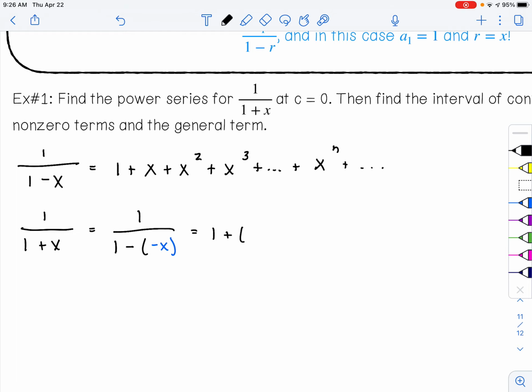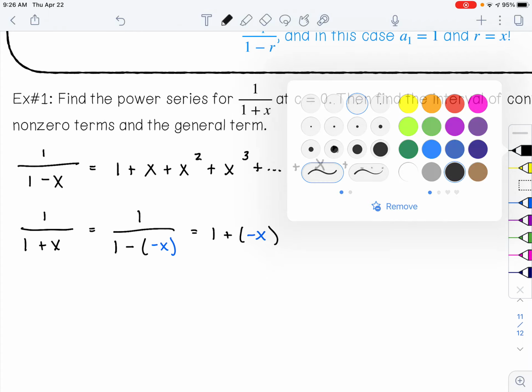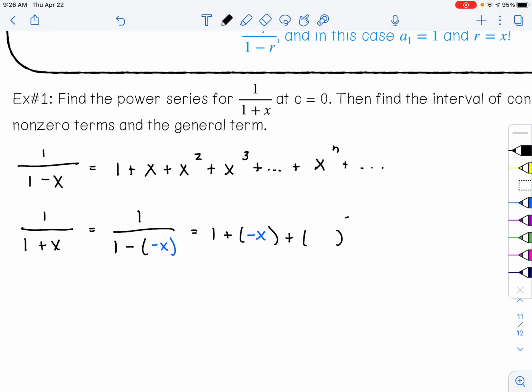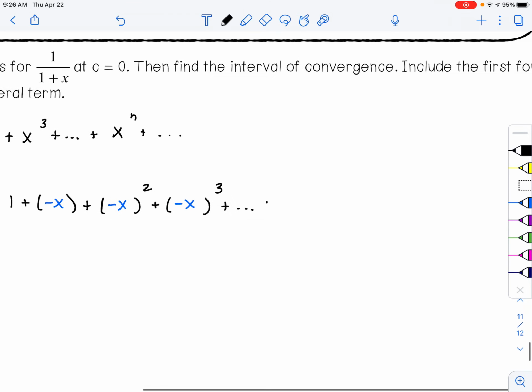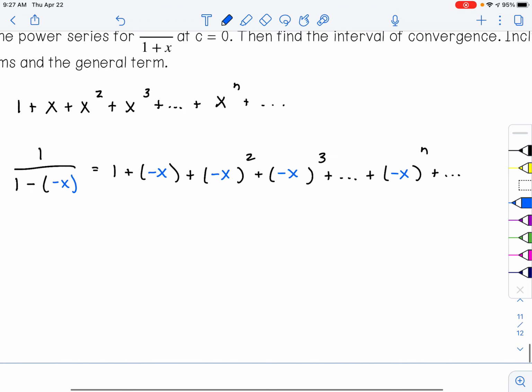So we're going to get 1 plus negative x plus negative x squared plus negative x cubed, all the way out to our general term for negative x to the n power.